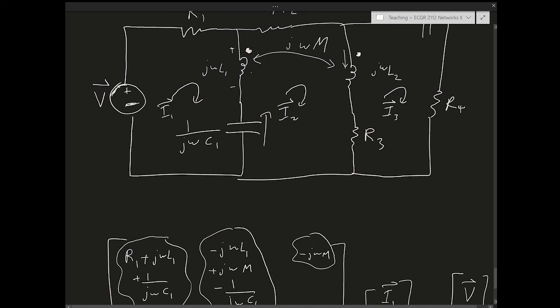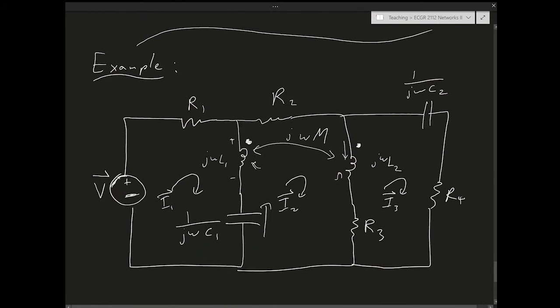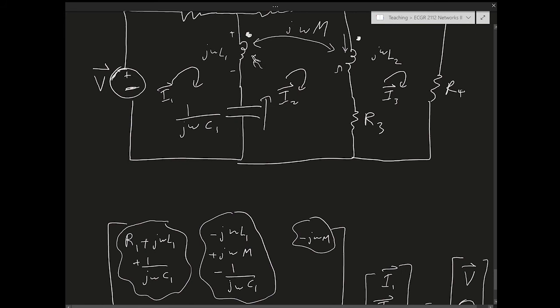So there's a mutual voltage here that I haven't accounted for. There's a mutual voltage here that I haven't accounted for. So the mutual voltage here is what? It's going to be j omega M, right, times the current passing through the dot, which is I2 minus I3. So that's it, j omega M times I2 minus I3.